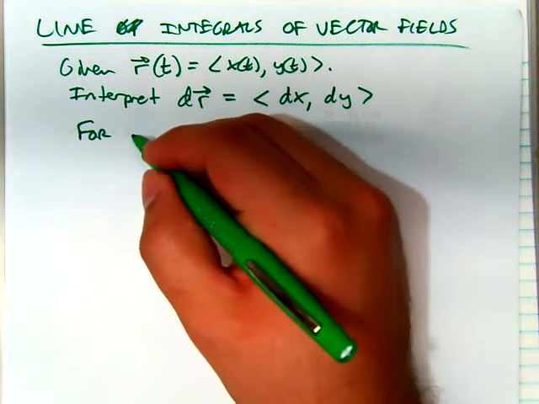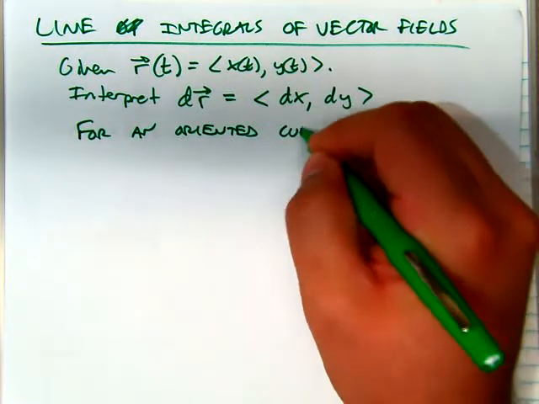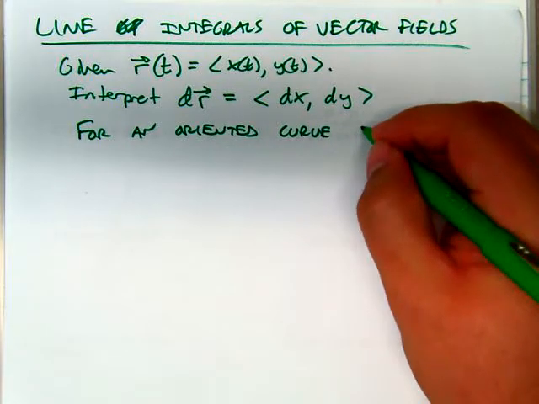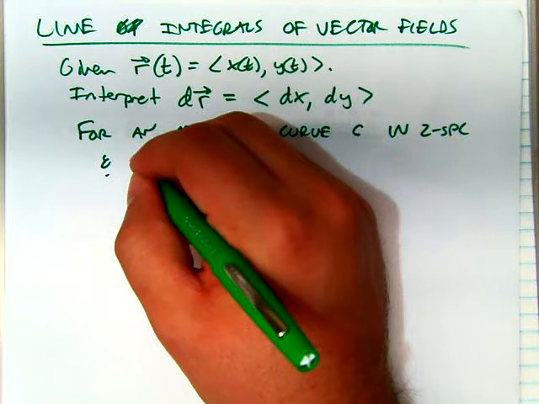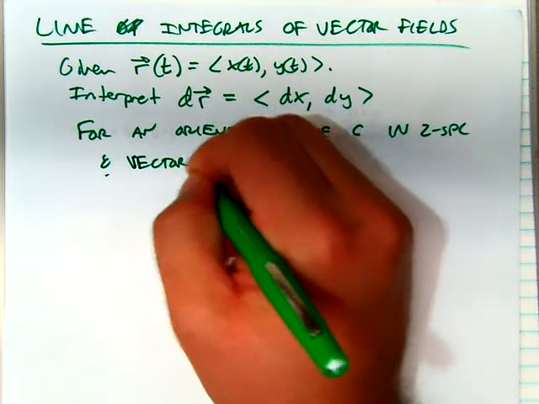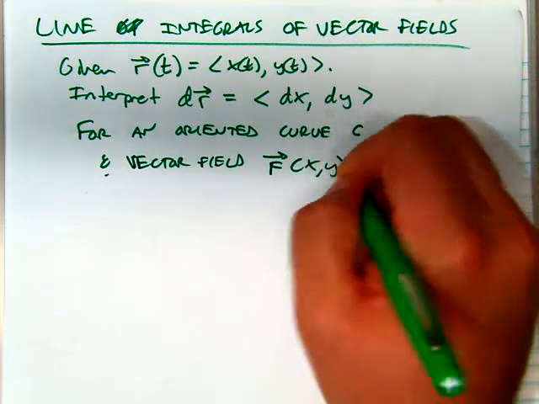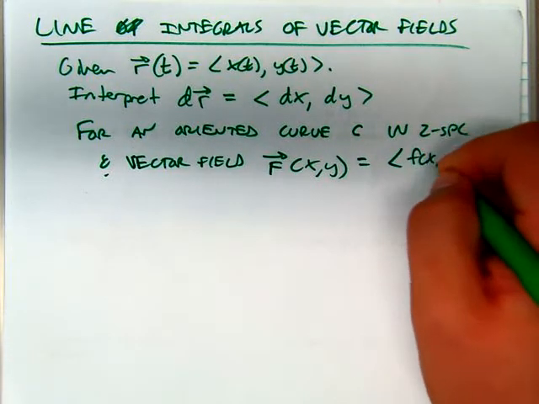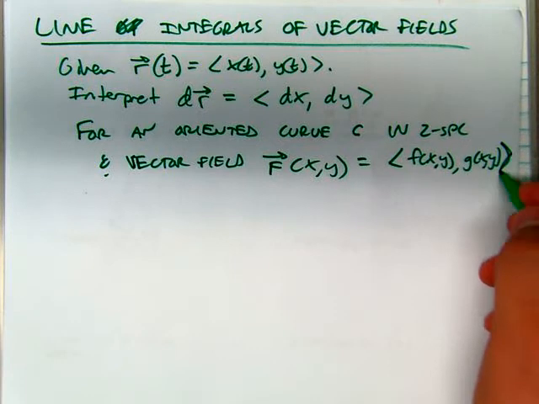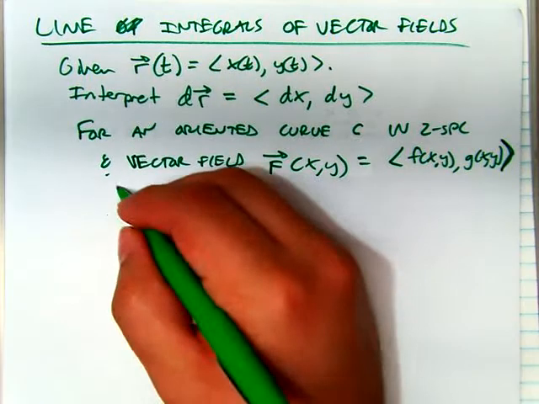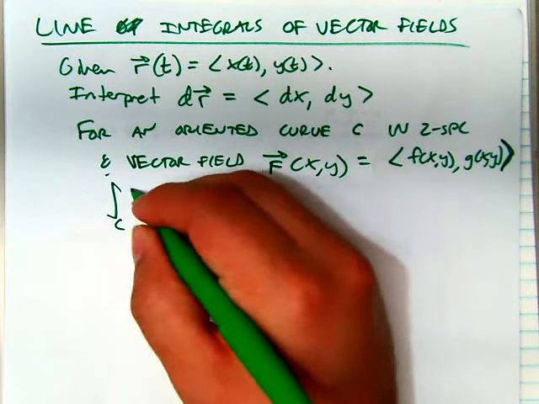For an oriented curve we'll call C in 2 space, and vector field F of x, y equal to little f of x, y, little g of x, y. Here's what we've been talking about. So the line integral of a vector field will look like this.